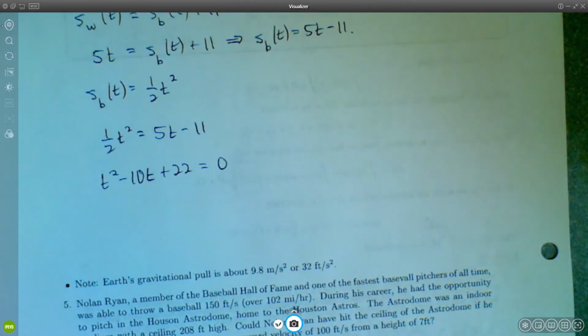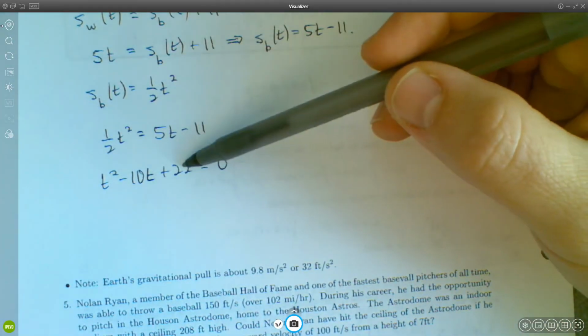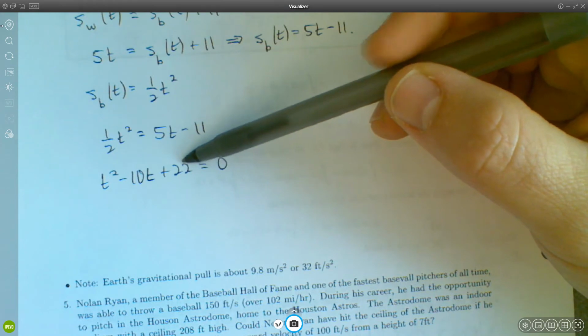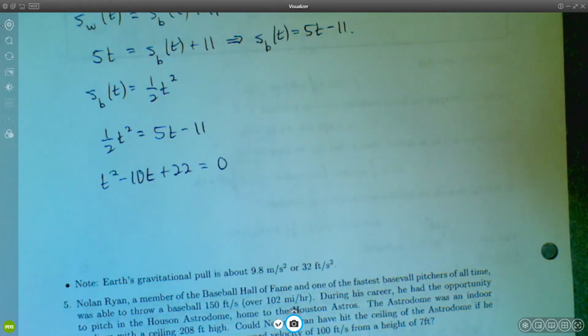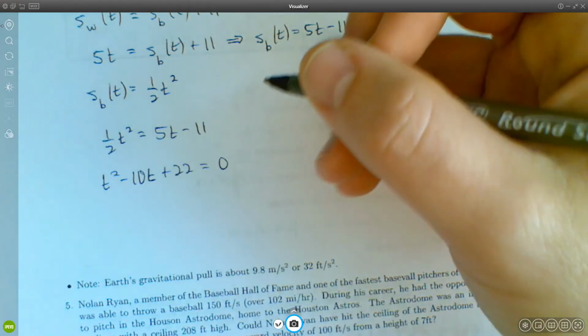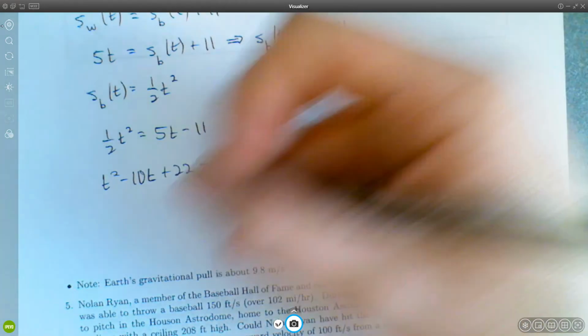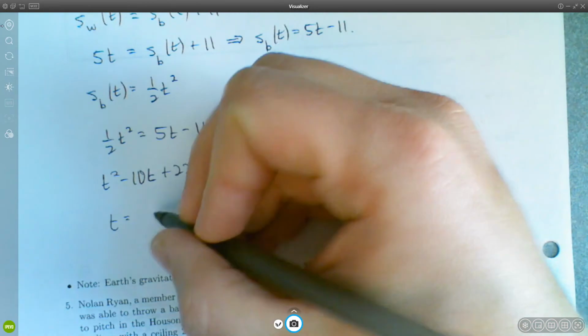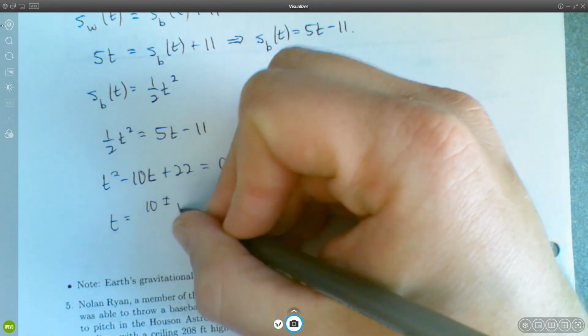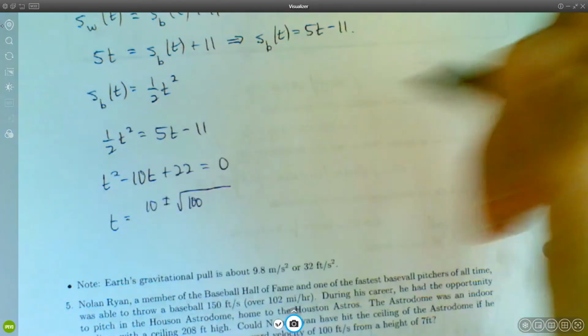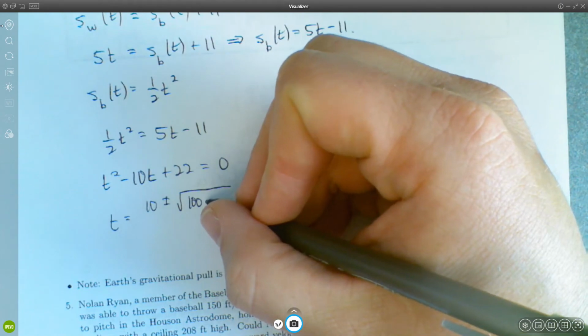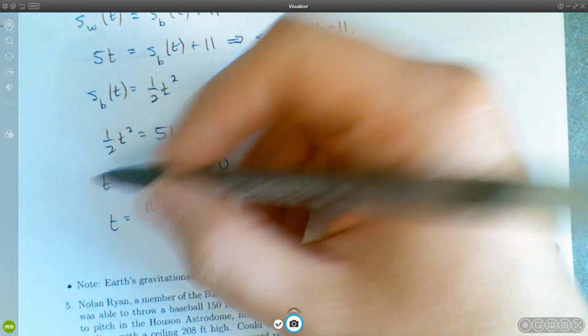And then I wonder if that can be factored. 11 and 2 would get us 22, but that's not going to get us negative 10, is it? So I think you just have to use the quadratic formula and say t equals negative b plus or minus the square root of b squared minus 4 times 1 times 22.